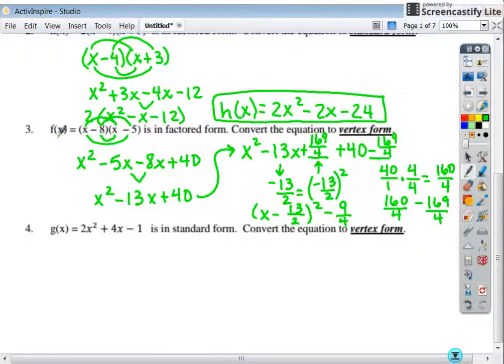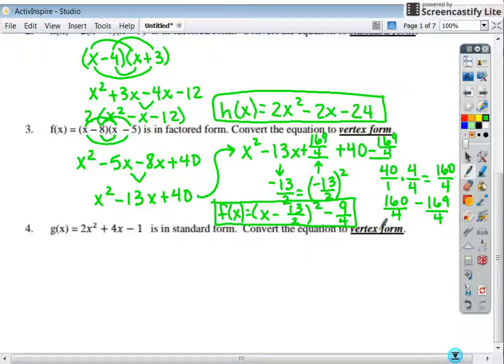And then my function's f of x equals x minus 13 over 2 quantity squared minus 9/4.